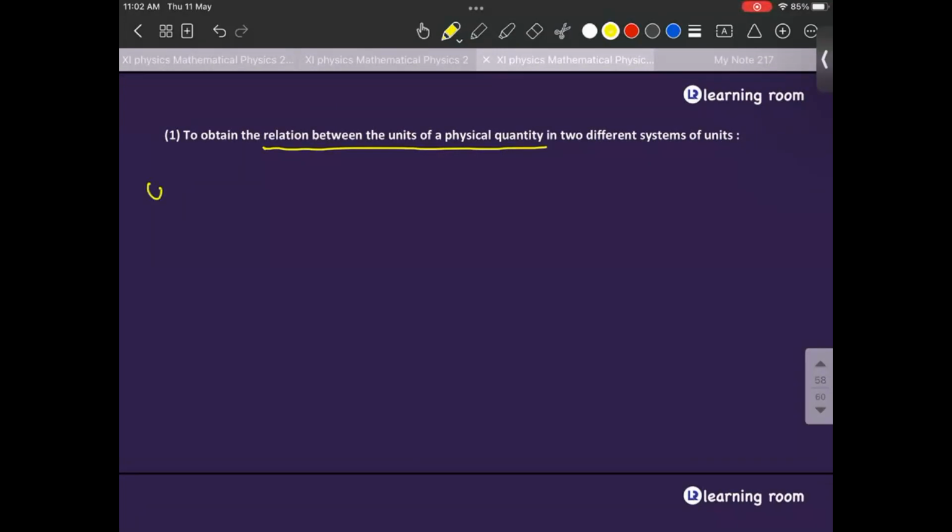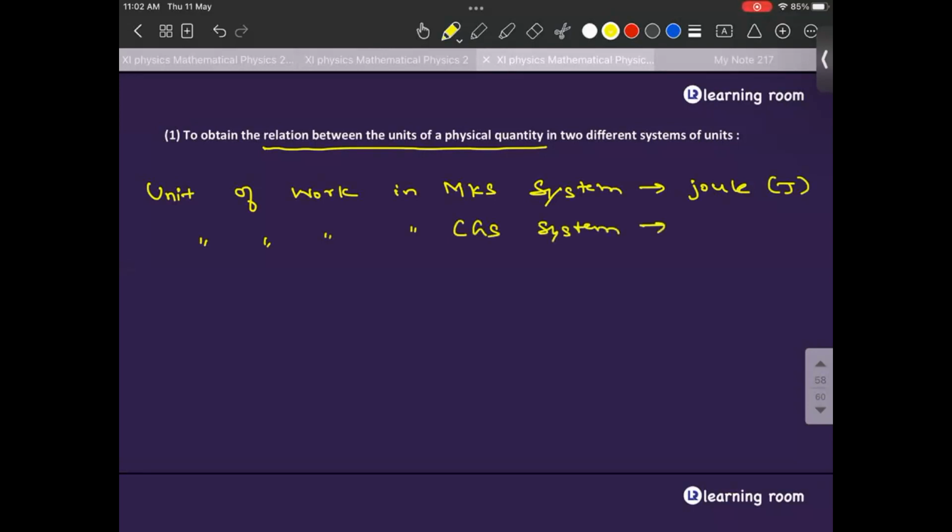For example, if I take the unit of work in the MKS system, that comes out to be joule, whereas the same unit of work in the CGS system comes out to be erg.